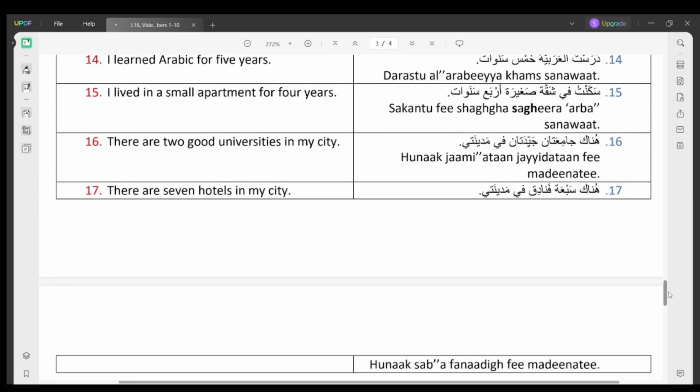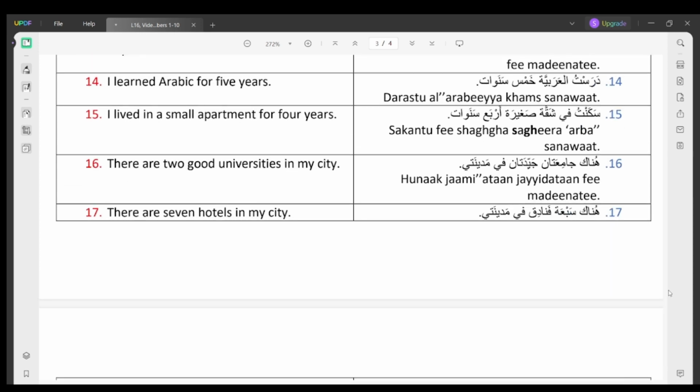Number 14. I learned Arabic for 5 years. درست العربية 5 سنوات. Number 15. I lived in a small apartment for 4 years. سكنت في شقة صغيرة 4 سنوات. Number 16.